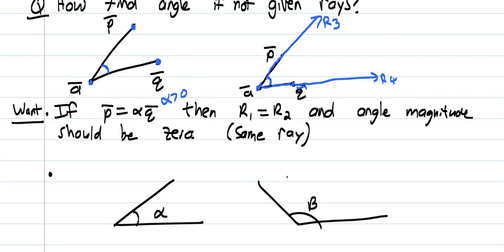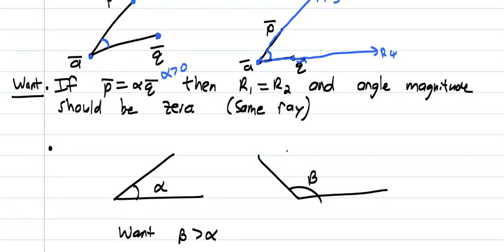Here I've sketched two more angles. Here I have angle alpha and angle beta. Looking at it, you can see that the magnitude of the second angle is more than the magnitude of the first one. So we want to define things so that if we fan our ray, the angle gets bigger.